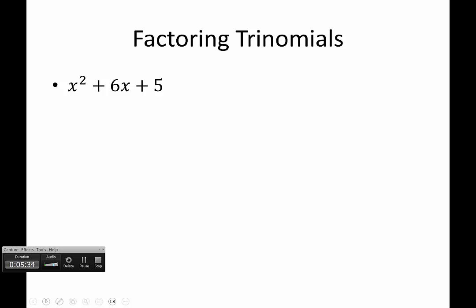The first thing I do, I have x squared plus 6x plus 5. I'm going to write out two sets of parentheses multiplying each other. X squared has to break up into x times x. I have no other options there. For 5, I take the factors of 5 that multiply to 5 and add to 6.